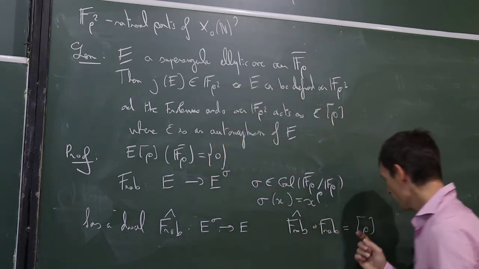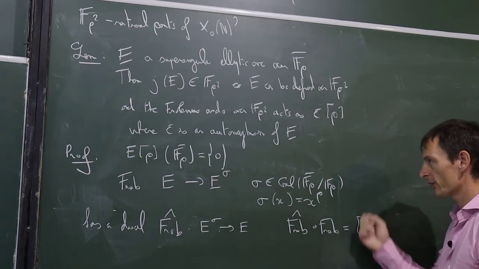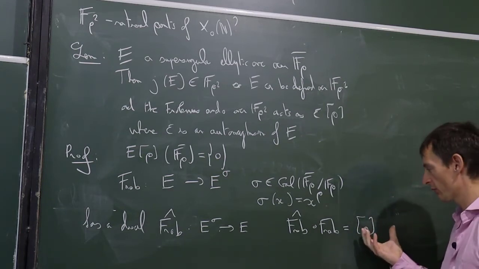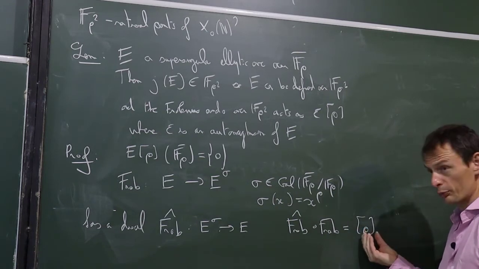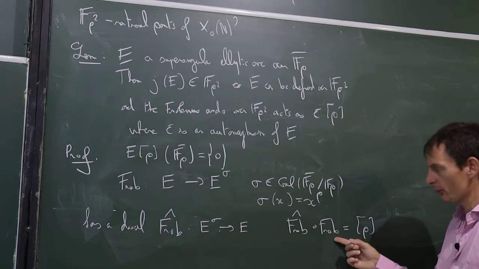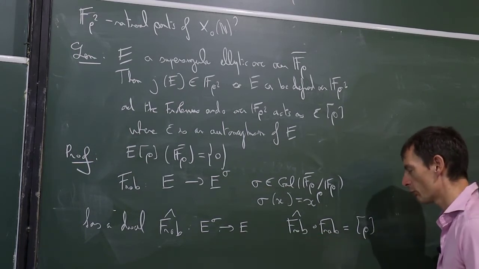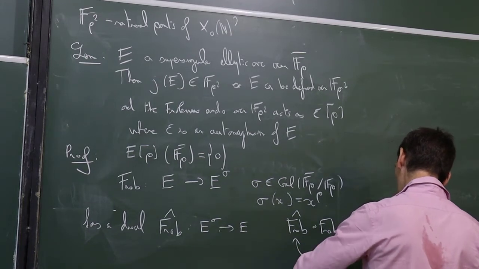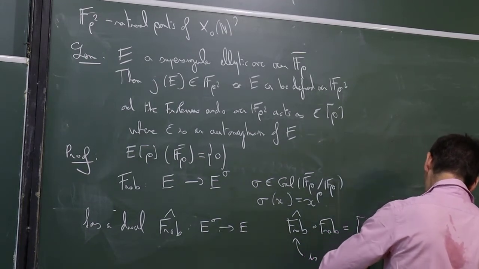All right, and what do we see? This has a kernel which is just reduced to zero. So it is purely inseparable. We knew that the Frobenius is of course purely inseparable, as usual, but what we deduce is that the Frobenius dual is purely inseparable.